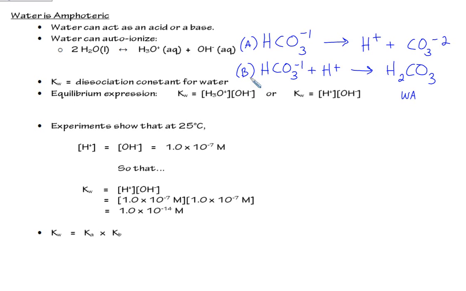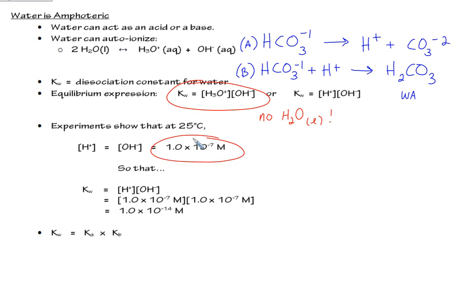This guy, then, is in the AP packet. We'll make a little note. No water in the liquid phase. We do not include liquids and solids in our equilibrium expressions. Another thing that's given to you in the AP packet, you do not need to memorize this.